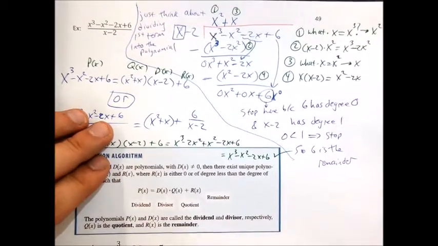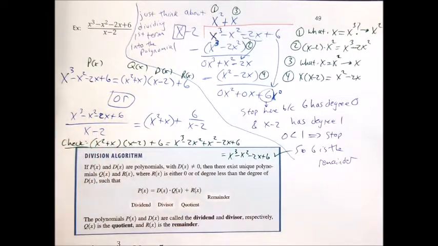Did you guys learn a different way to do this? Some people like to learn a way called, shoot, I just had it in my head, now I forgot it. Someone help me? Yeah, what was it? Synthetic. Yeah, the synthetic division. If you know how to do synthetic division, you're welcome to do it on some of these problems. I'm not going to teach it.